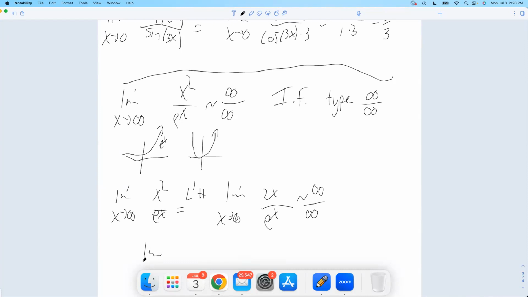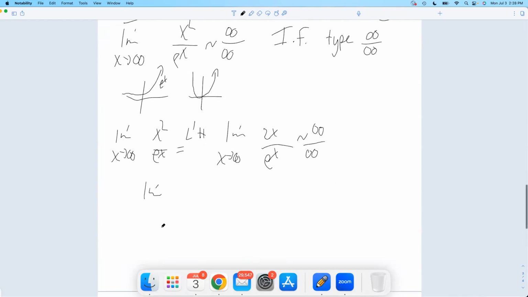So the limit as x goes to infinity of 2x over e to the x. If I apply L'Hopital again, the derivative of 2x is just 2. The derivative of e to the x is e to the x. What does this function do as x goes to infinity?